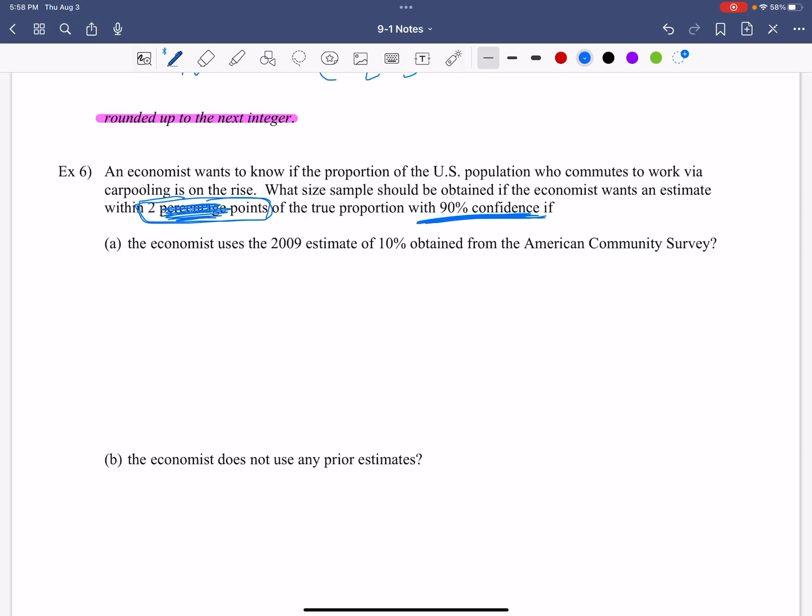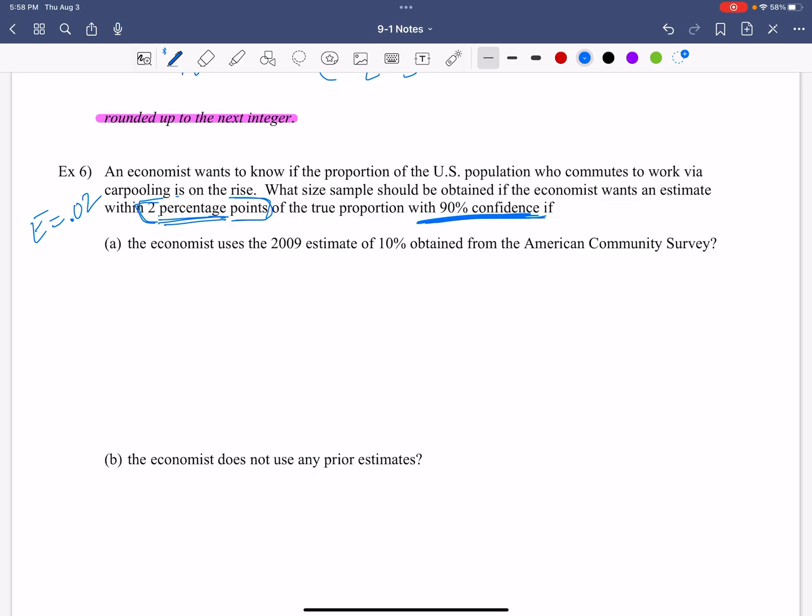If it just had the word points, then error would equal 2. This one says percentage points. So whenever I'm looking at this margin of error, I'm going with 0.02 because of the word percentage. And I'm going with 90% confidence.